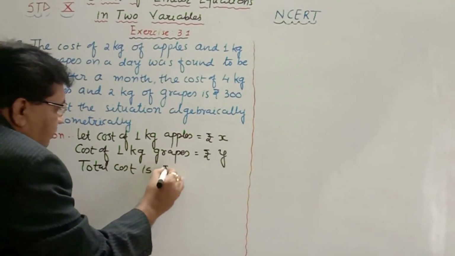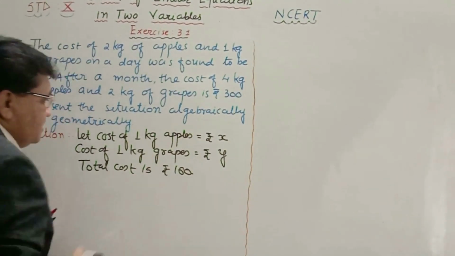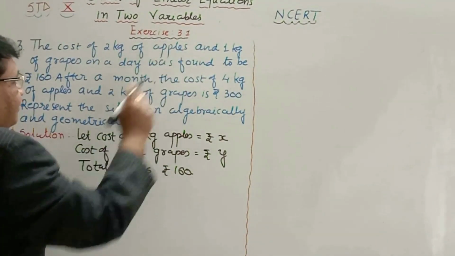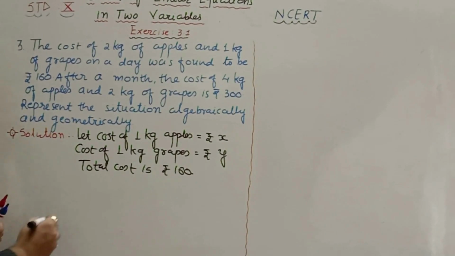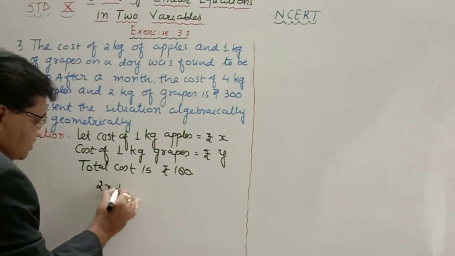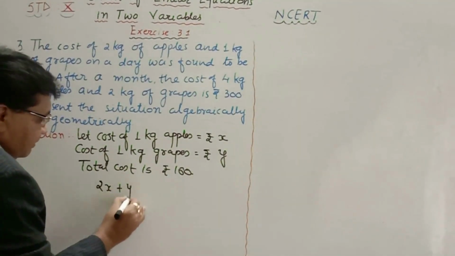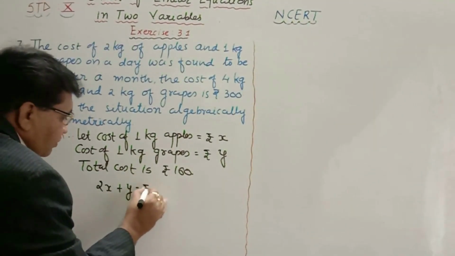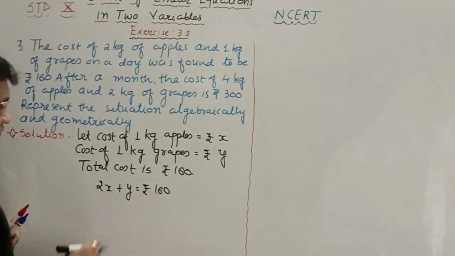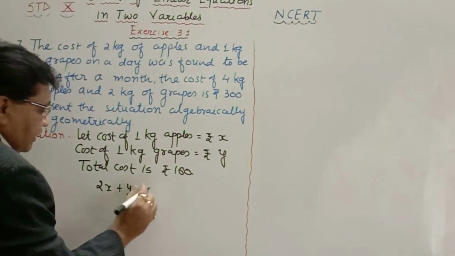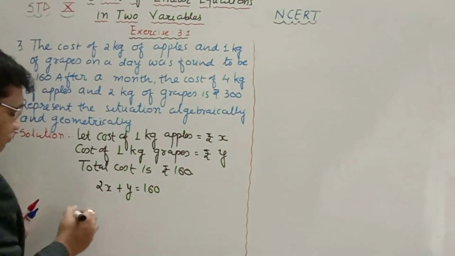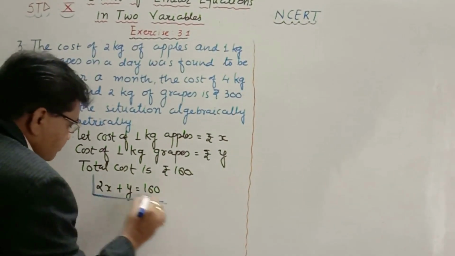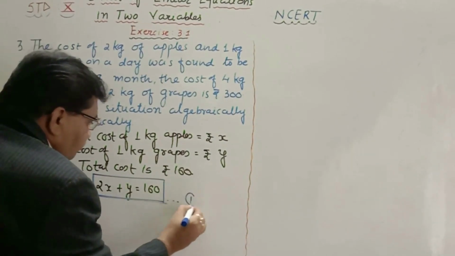So 2 kg of apples and 1 kg of grapes: the 2 kg of apples cost is 2x and 1 kg of grapes cost is rupees y. It is given rupees 160. It is our first equation.